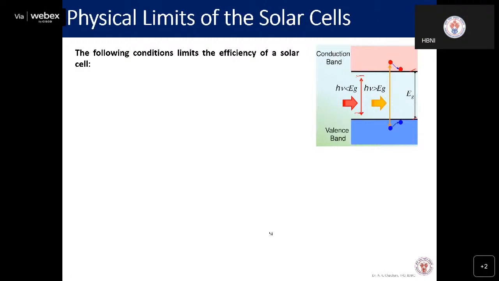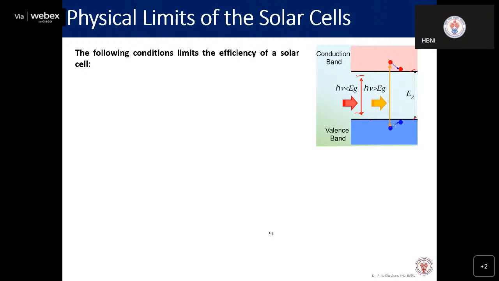An electron-hole pair will be generated. But if the energy is more than Eg, more than the band gap, what will happen? The electron will be promoted from this place to the corresponding higher energy. So this will be the photon energy. Like here, an electron has been promoted from this place to this place.